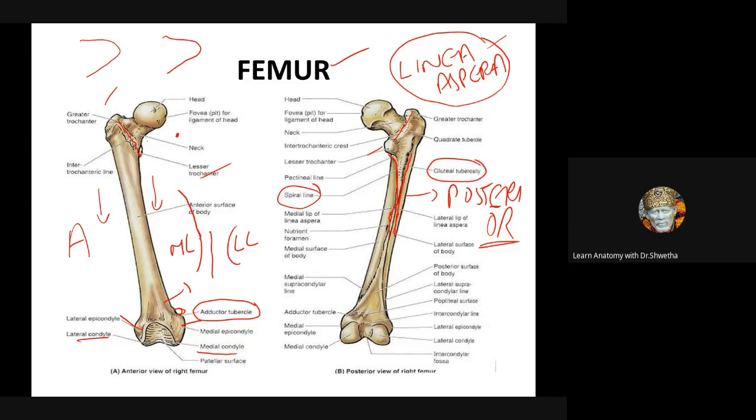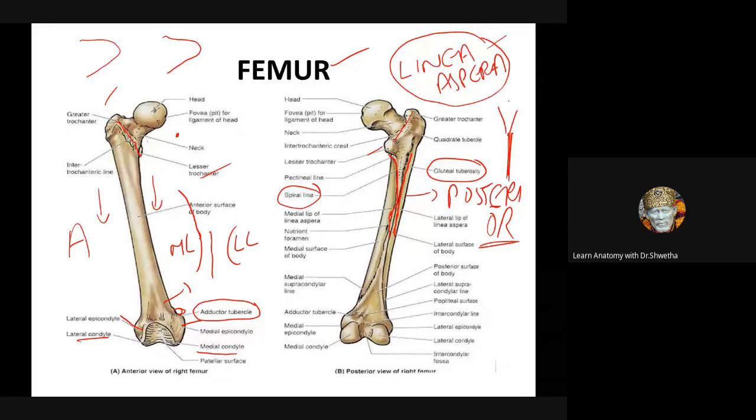Now you will tell me, in the last class, what were the muscles attached to the iliotibial tract? Any idea? I will help you if you don't know. Yes, tensor fascia lata.